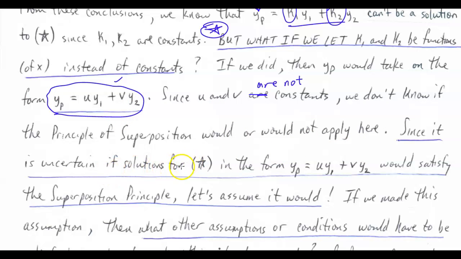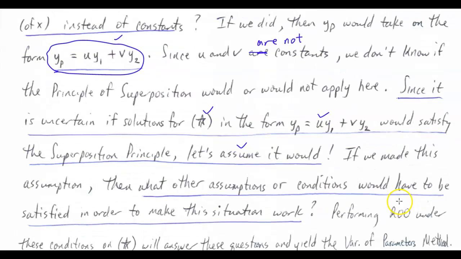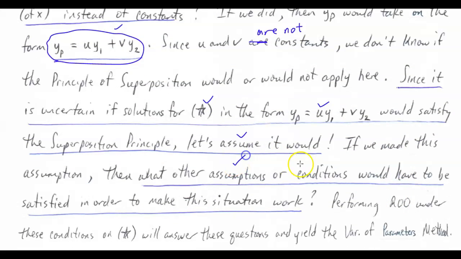Since it's uncertain if the solutions for our original non-homogeneous ODE in this form would satisfy superposition, let's assume that it would. If we made this assumption, what other assumptions or conditions would have to be satisfied in order to make this situation work?